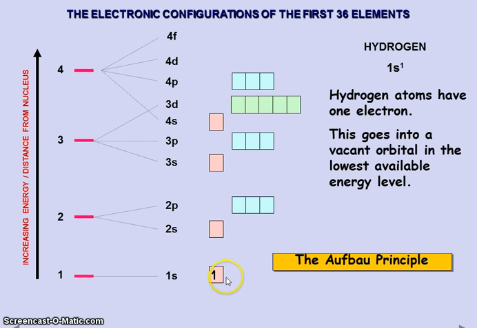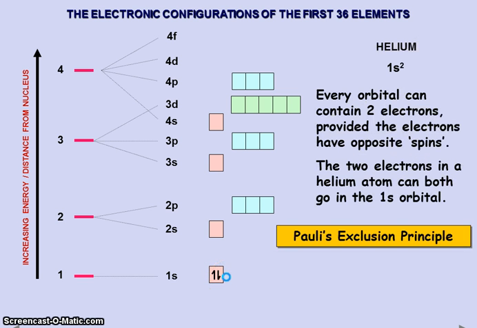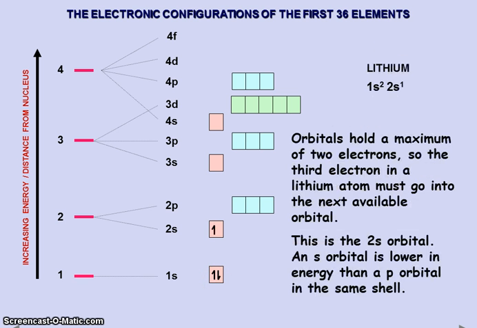Here's an example of hydrogen. We follow the Aufbau principle and put one electron in the lowest available energy level. When we go to helium, we put the electron in the lowest available energy level, the 1s subshell, and we must apply Pauli's exclusion principle, which is that the electrons must have opposite spins. So we represent our second electron pointing downwards.